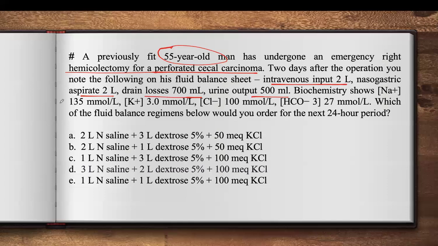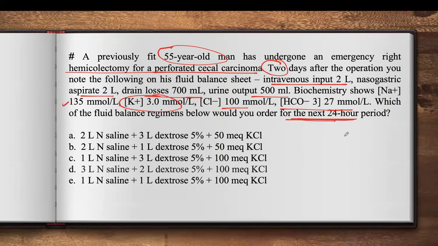Biochemistry shows sodium 135, which is normal, potassium 3, which is a bit low because it should be above 3.5, chloride okay, bicarbonate okay, 27. Which fluid balance regimen would you order for the next 24-hour period? So it is post-operative day 3, right? 2 days after the operation, they are asking what will be our next 24-hour fluid balance.